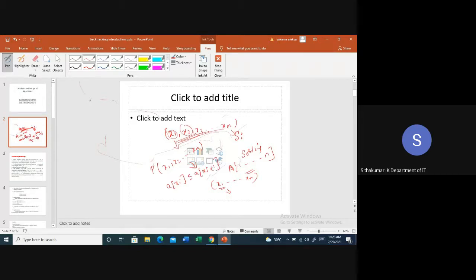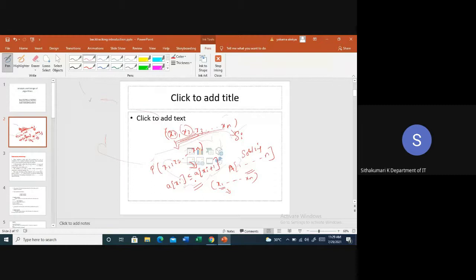Because you want to sort the elements, that is the criteria function. This is the inequality it should satisfy for each and every i. Then the whole array will get sorted.